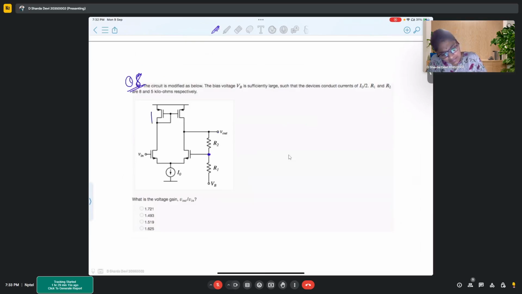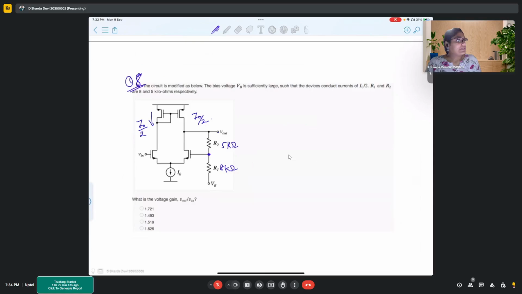So the device is conducting the same current. R1 is 8 kilo ohms. R2 is 5 kilo ohms. So this is how these two are connected. We have to find the voltage gain V out by V in.